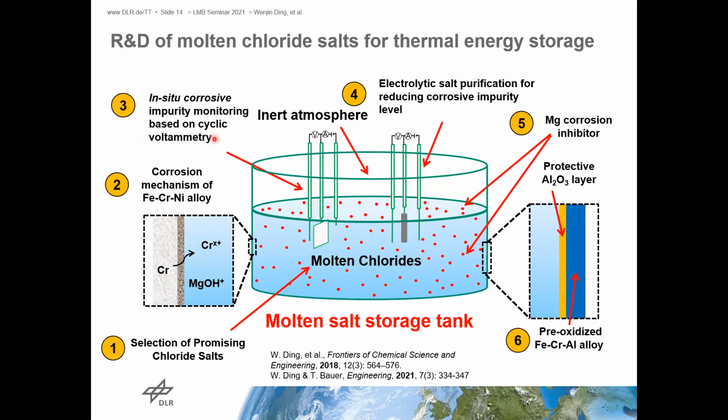We also developed corrosive impurities monitoring technologies based on the electrochemical method, and also used the electrochemical method to purify the salt to reduce its corrosivity, and also added some corrosion inhibitor to reduce the corrosivity of the salt, and also developed the new structural materials.